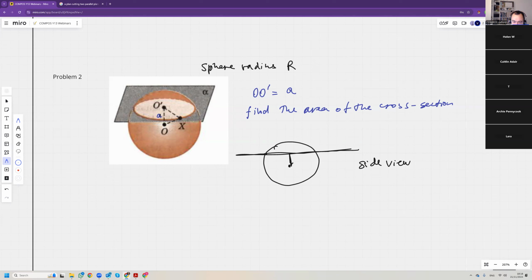This distance is a, and this is the radius of the sphere. And this, r, is the radius of the smaller circle of the cross section. So r is the radius of the cross section.